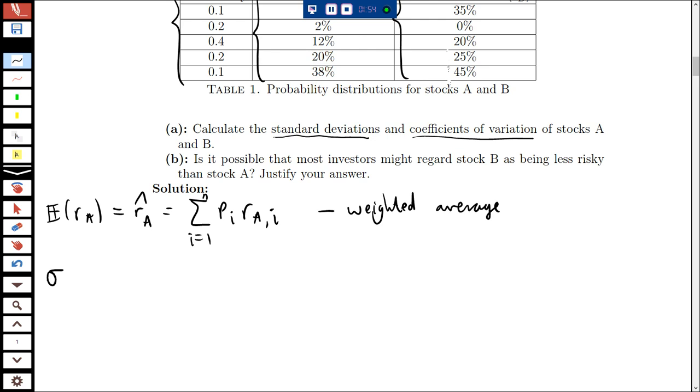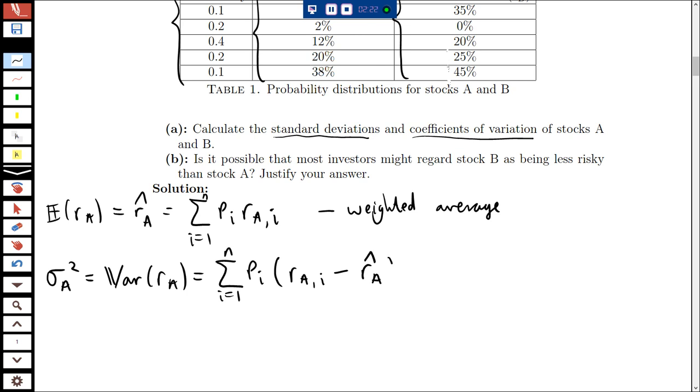Okay, the risk, standard deviation, which is the square root of the variance. This is on the formula sheet. It will be on the formula sheet on the exam. This is a standard equation. It takes each of the returns in the different states, compares them with the mean, squares them, and times each of those by the probabilities.